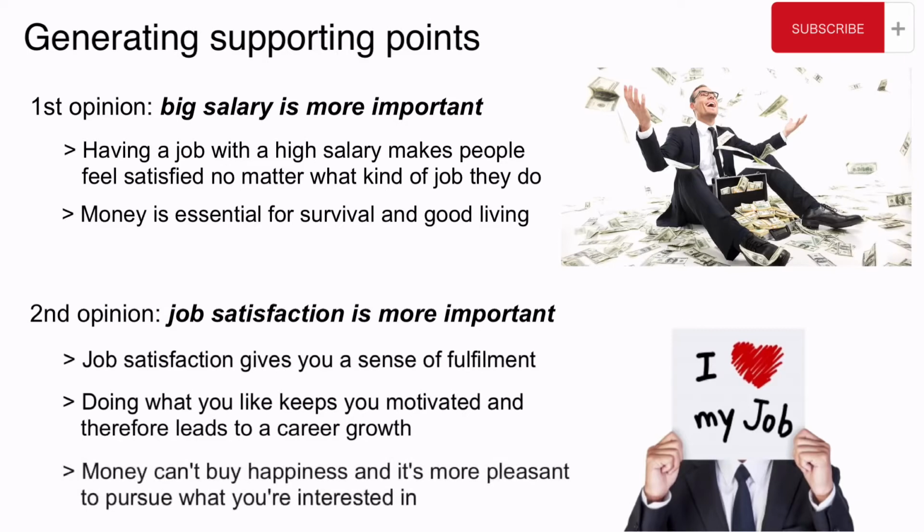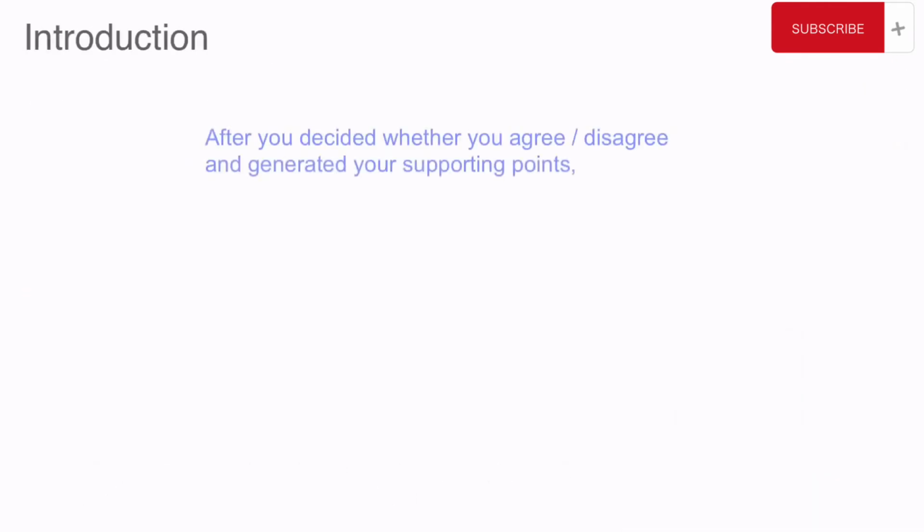And money can't buy happiness, and it's more pleasant to pursue what you're interested in. That's also very good. For our essay, we'll choose the second opinion. So, we'll write that we disagree with the statement and that job satisfaction is more important than big salary.